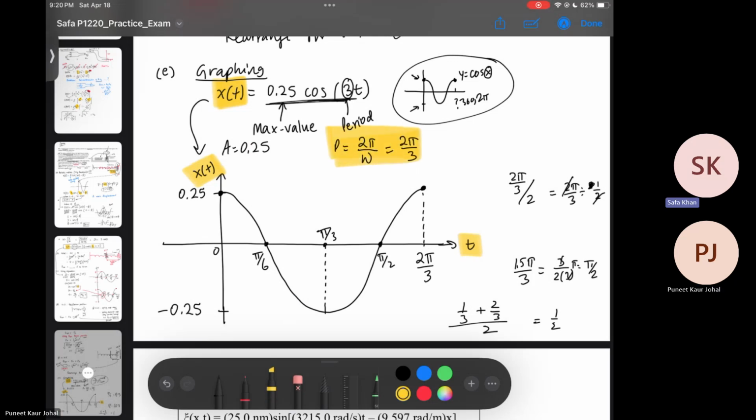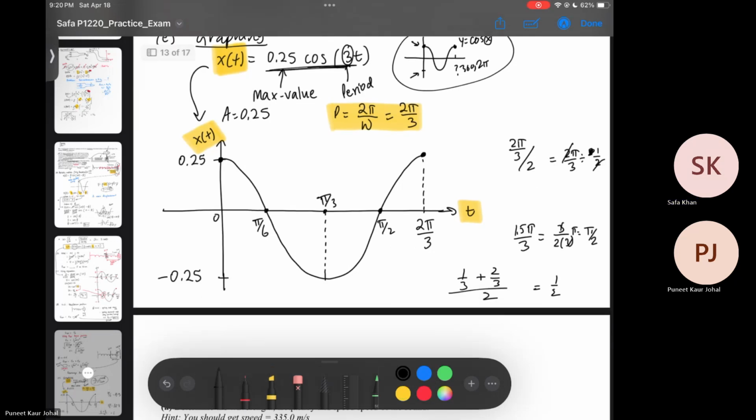No, I mean that's what they wrote at the bottom of the graph, like T is equal to 2 by 3 pi seconds. So I assume that's the one. Oh, you don't have to write that. It's just saying that the period of the graph is 2 pi over 3, which is kind of what we just said over here. They just wrote that in words, maybe. Okay, good.